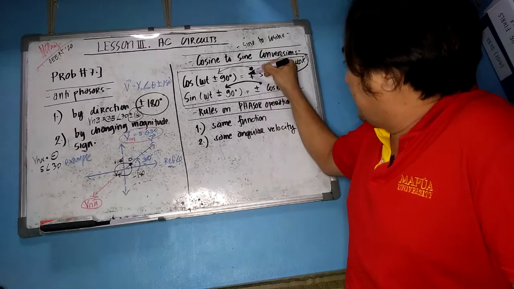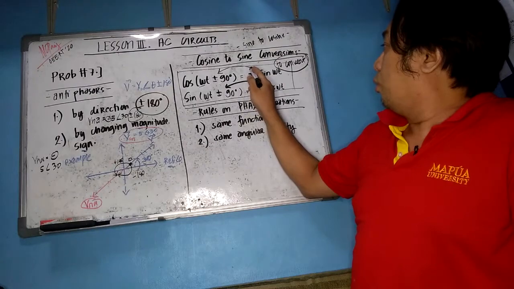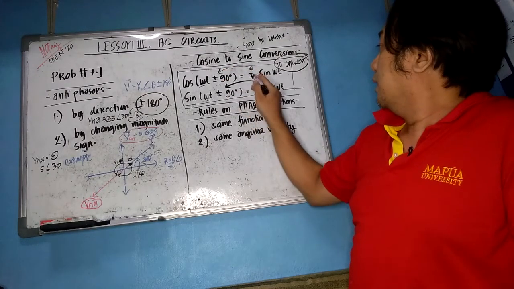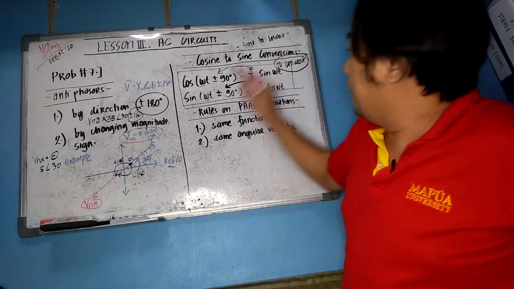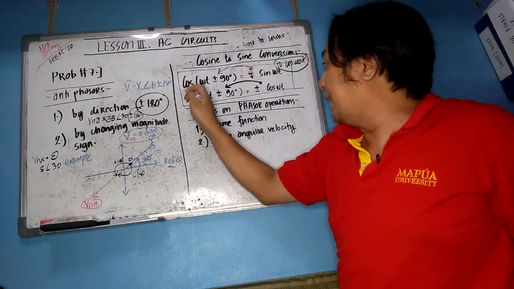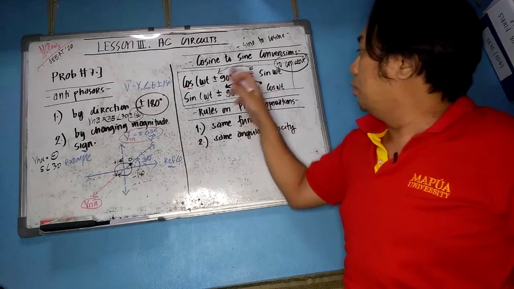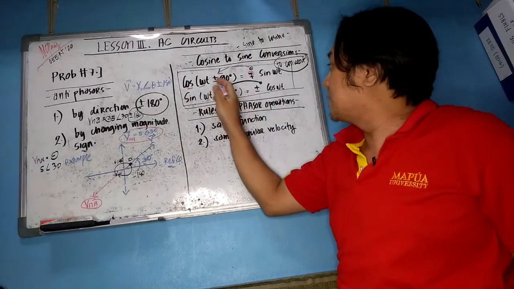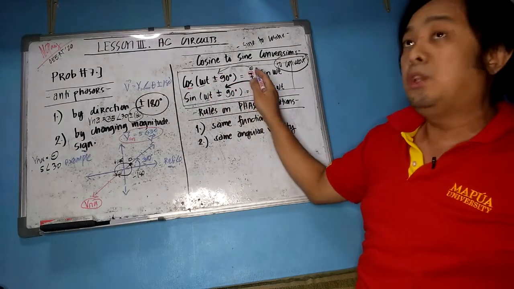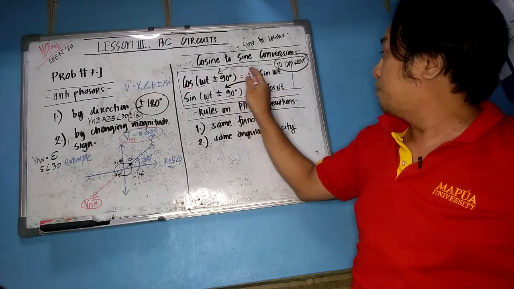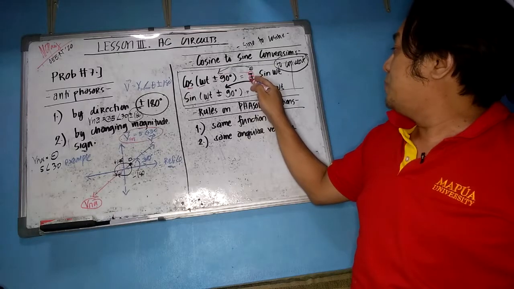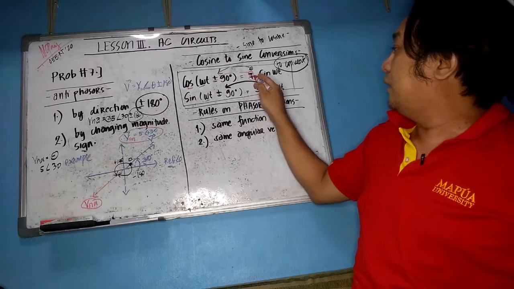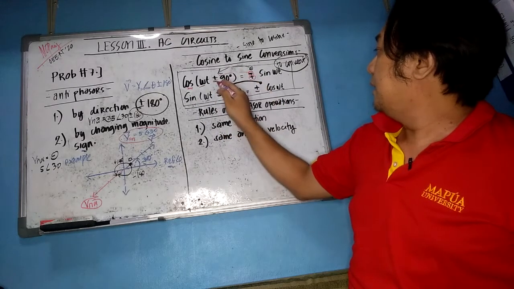Or simply, if I want to convert negative sine omega t to its corresponding cosine, you need to add plus 90 degree. Please take note, minus corresponds to plus. Or, if you have a positive sign, and I want to convert it to cosine, this is negative.